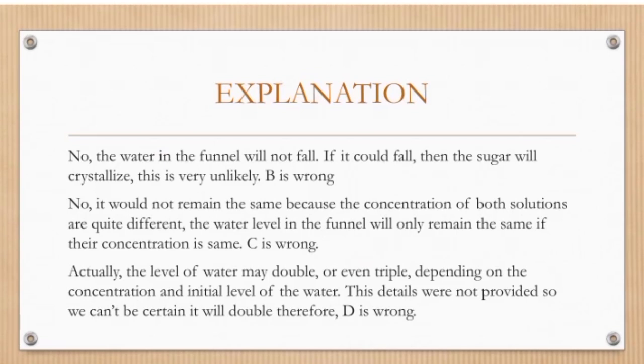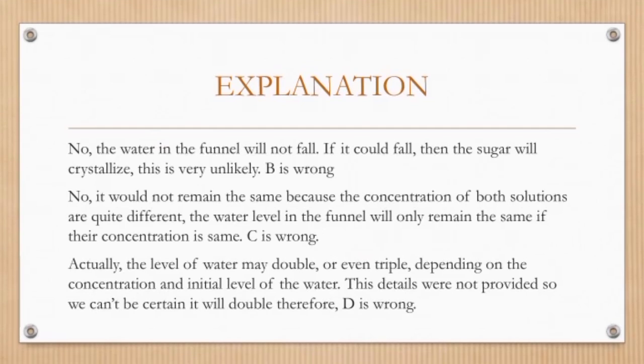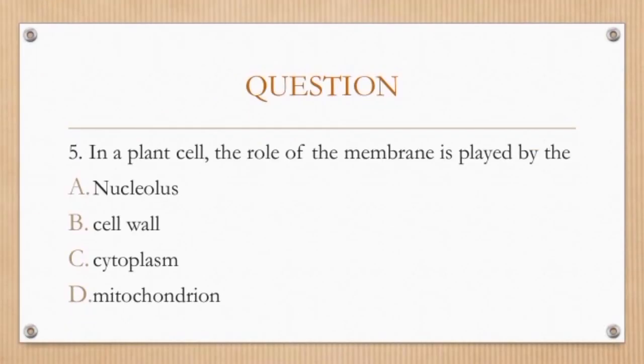So let's move into the other question now, which is question number 5. It says, in a plant cell, the role of a membrane is played by the dash. The membrane is found in animals, not animal cells here.